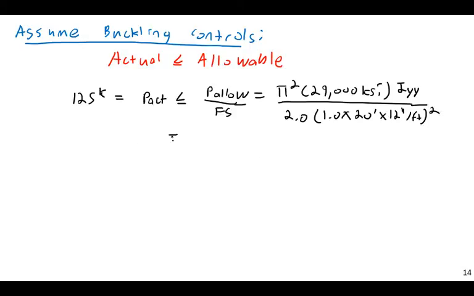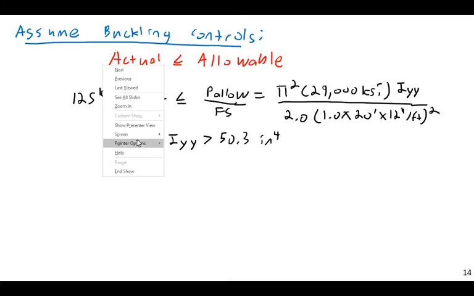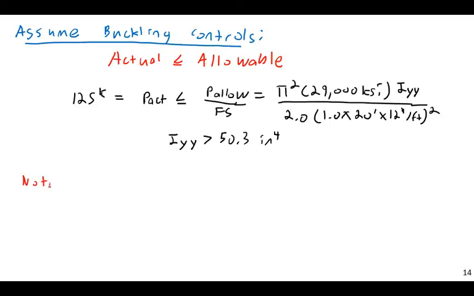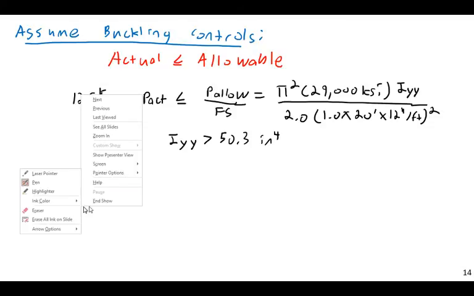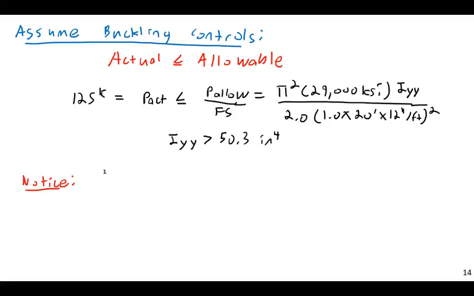Doing this, we will find that IYY is 50.3 inches to the fourth power. And notice, IYY, it's a fun word to say. Yes, I am still 5 years old, why do you ask?